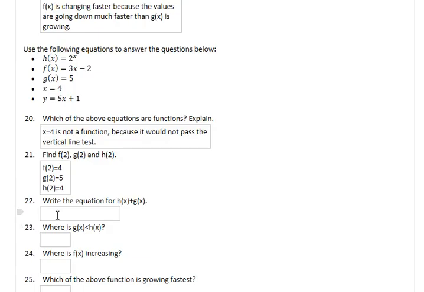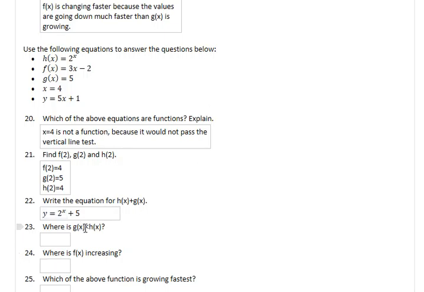It happens. Okay, h of x. We've got 2 to the x power. That's h of x. Plus g of x is 5. And there we go. That's the equation for it. And we'll put something like y equals, that way it's a proper equation.